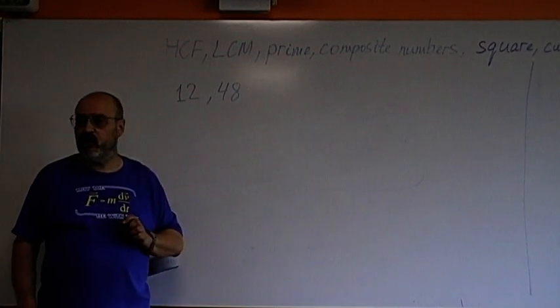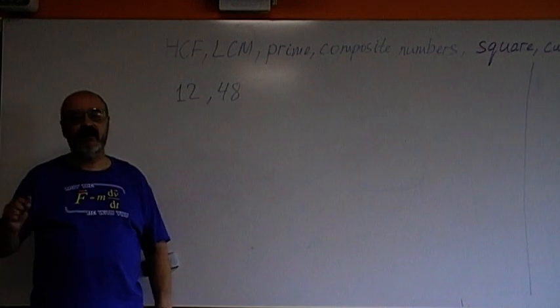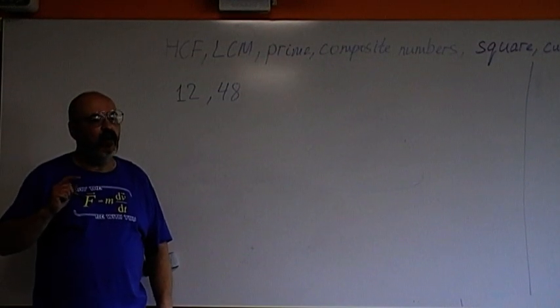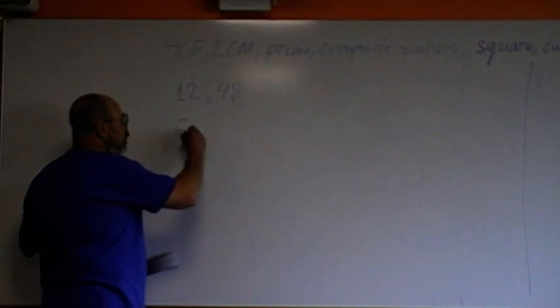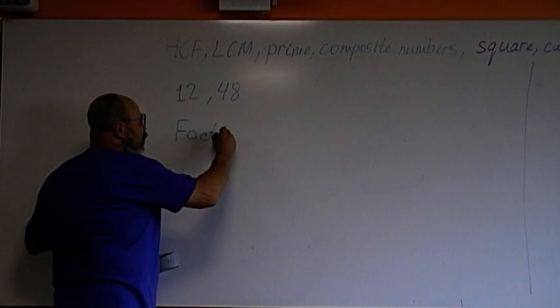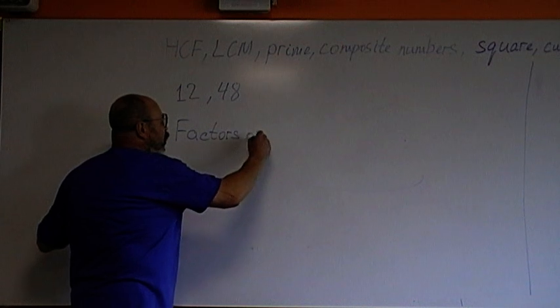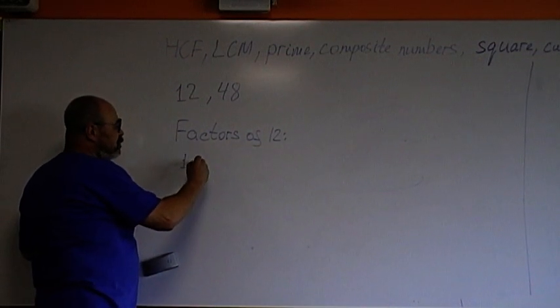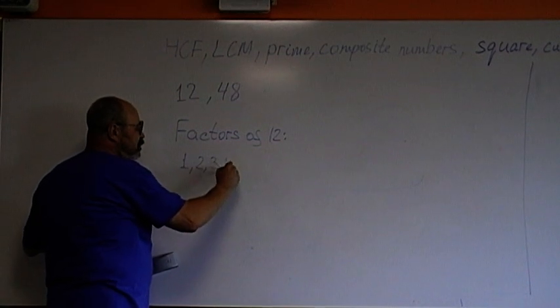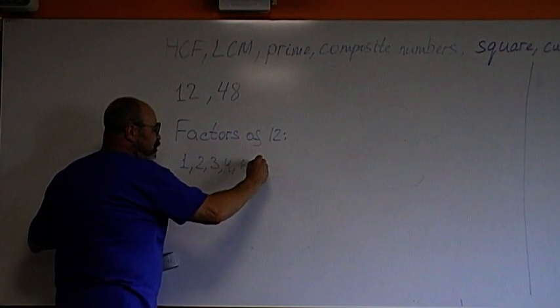The most efficient way will be to write the factors only of the smaller number. So factors of 12. What are the factors of 12? 1, 2, 3, 4, 6, 12.